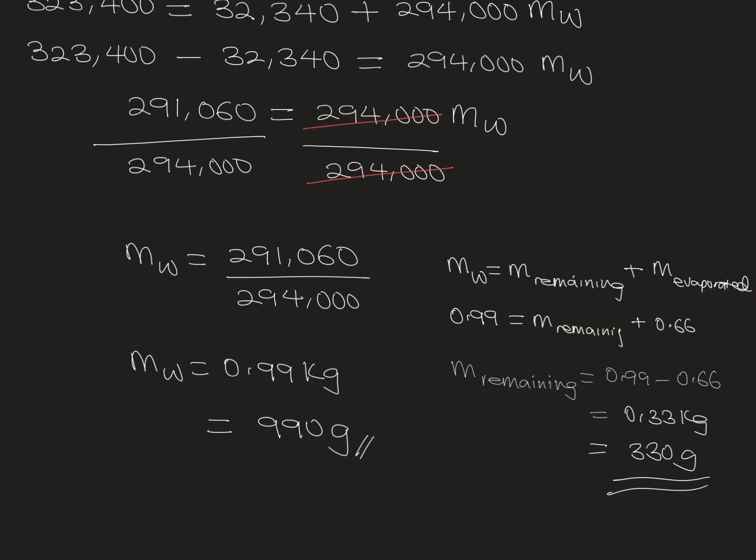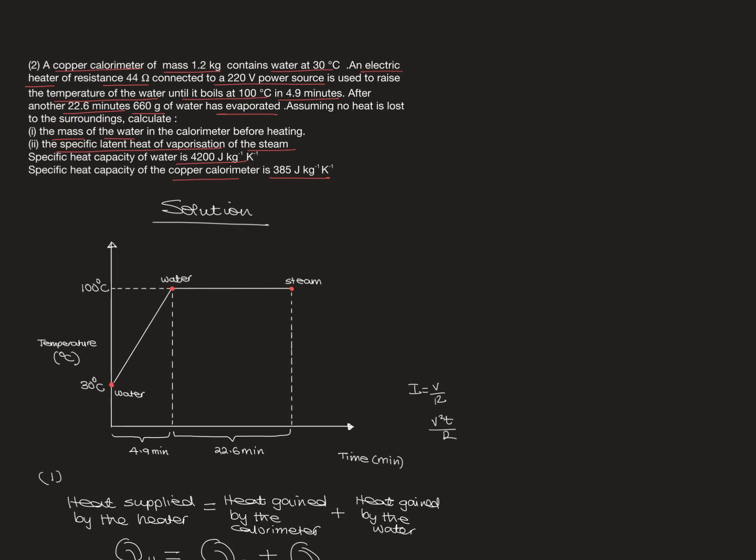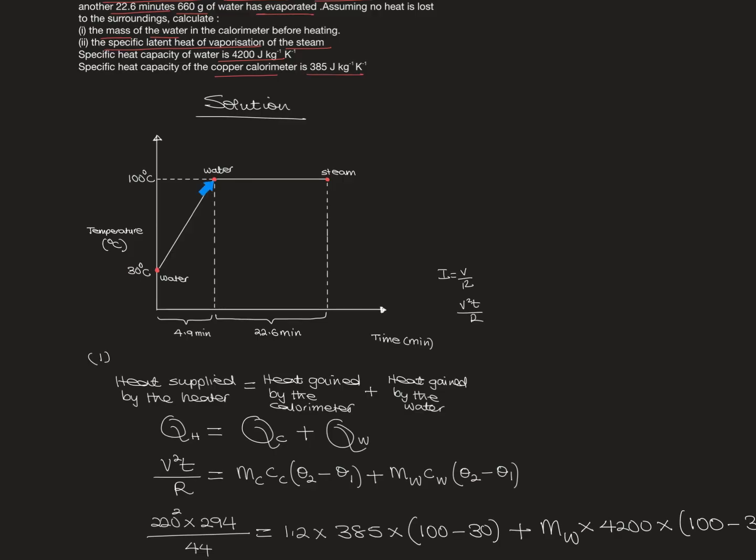In some questions, they will be giving you the mass of the water remaining. And always remember that if you need to calculate the specific latent heat of vaporization, you will always need to know the mass of the water that has evaporated. And this is the second question in this problem. So going back to the diagram, if water at 100 degrees Celsius continues to receive heat, the water vaporizes.